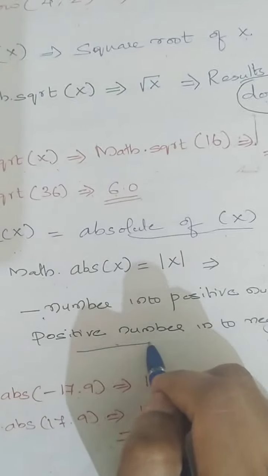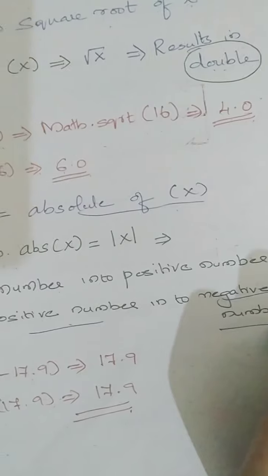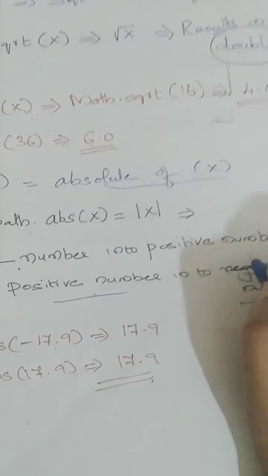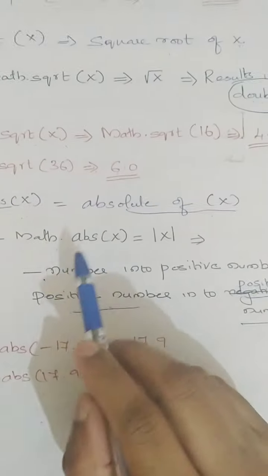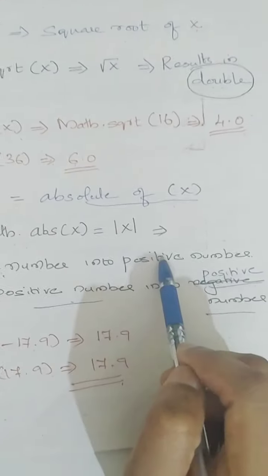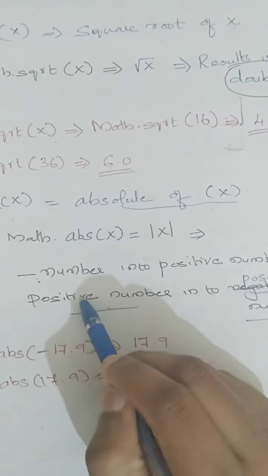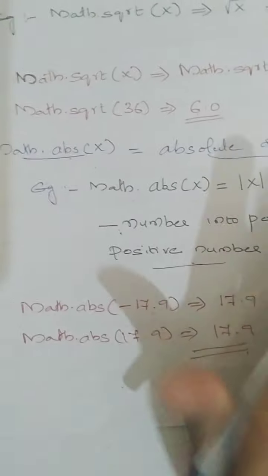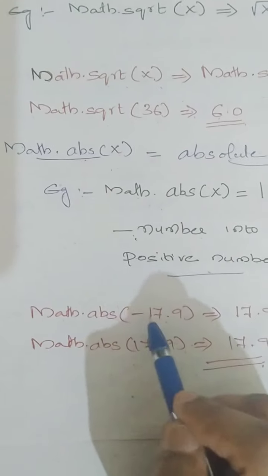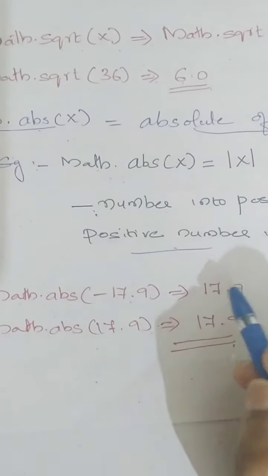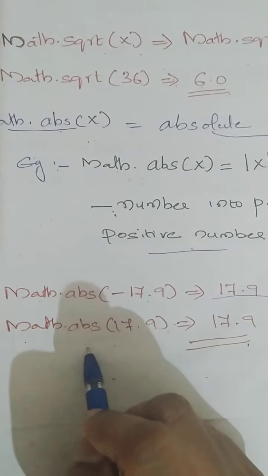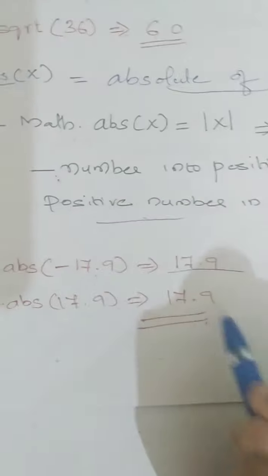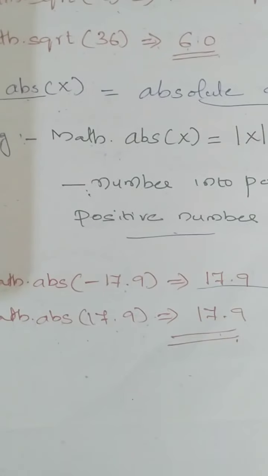If your number is positive, it will return the value as positive. So a negative number is converted into positive and positive stays positive. Example, Math dot abs of minus 17.9, you will get the answer as 17.9. Math dot abs of 17.9, a positive number, it will not add any negative sign; only a negative number is converted into a positive number.